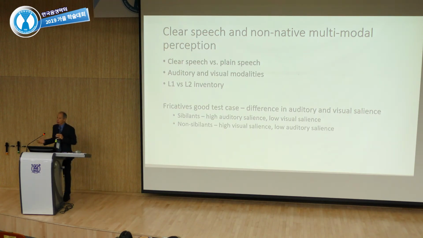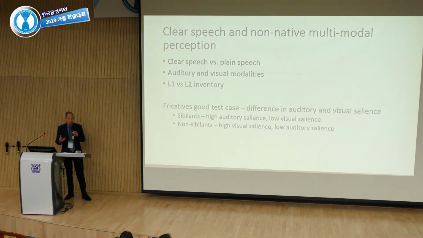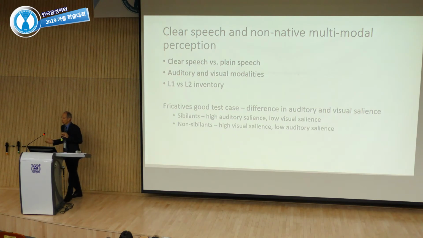And they are a particularly good test case because they have inherent differences in the auditory and visual salience, right? So sibilants have high auditory salience, they're acoustically robust, but they have lower visual salience because they're produced further back in the vocal tract. On the other hand, we can look at non-sibilants, which are visually very salient because they're right up front, but as we've already seen, acoustically, they're much less robust.